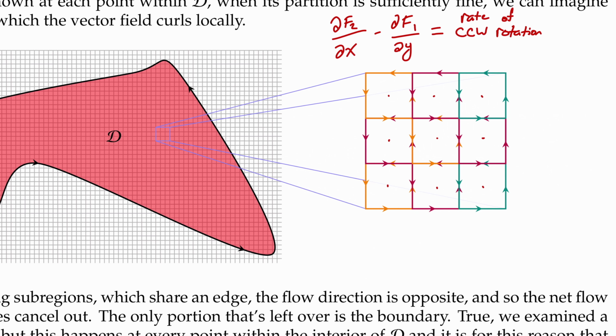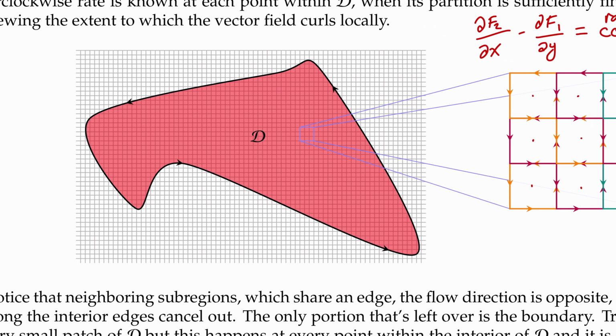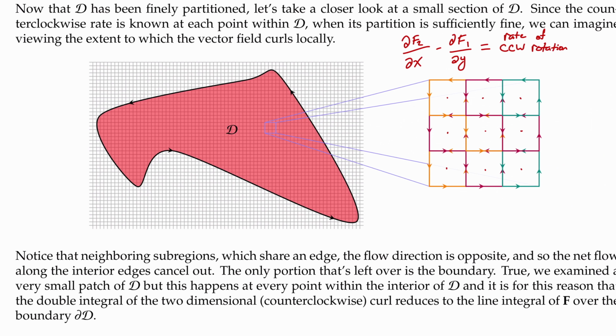Now there's a lot more details in this proof if we're going to generalize it and actually prove it, but it's that very reason why, if you create a sufficiently finely partitioned grid, then all the interior edges cancel out and you're just left over with the line integral around the boundary of the object. That is the intuition, that's the justification. It's that they cancel out all the interior line integrals.